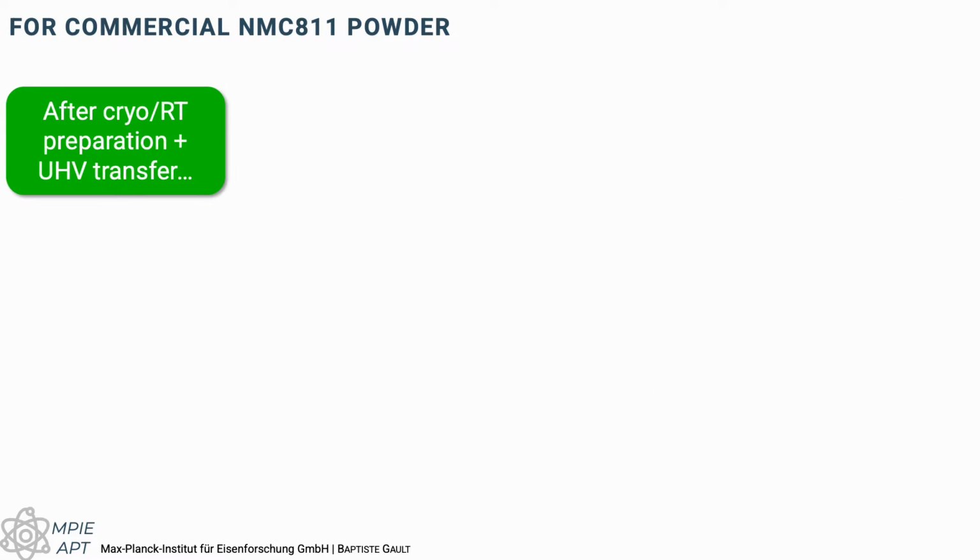So we decided to try to prepare specimens from NMC 811. It's a commercial powder. We made specimens through the suitcase, going from the glove box through the suitcase into the FIB, made lift-outs at room temperature, and then sharpened the specimens at cryogenic temperature, and transferred them at low temperature into the atom probe through the suitcase.